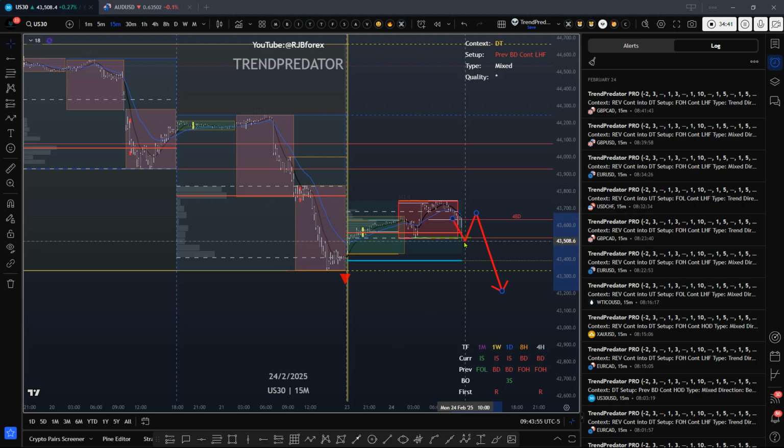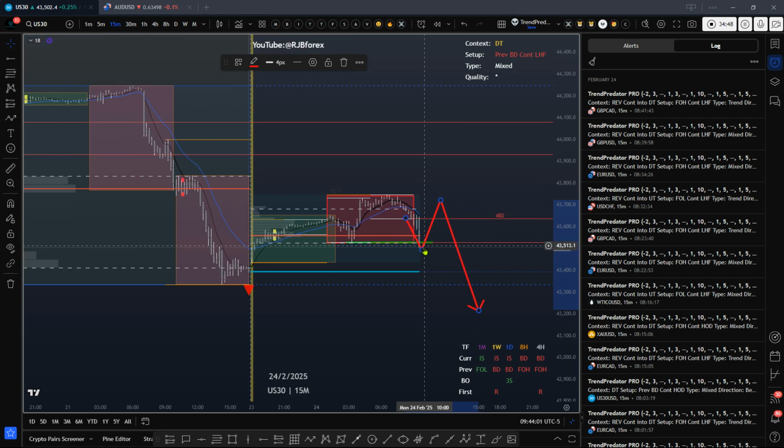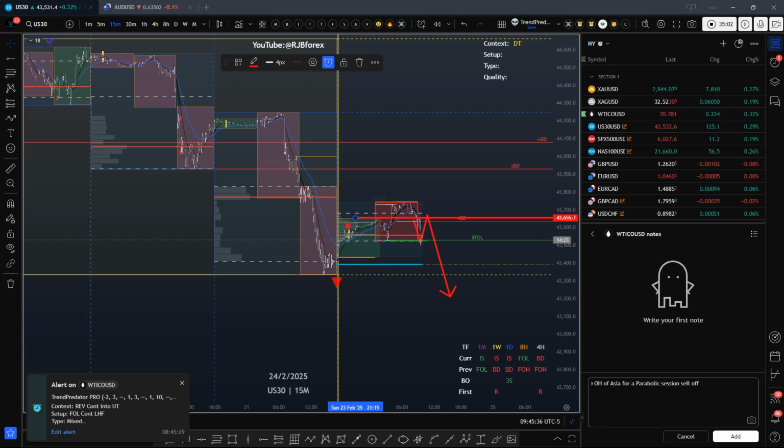Or maybe just take the breakout of the London low, which is what we're starting to see build up here. But again, I'm not going to do anything until 10 a.m. Okay, so adding my note, fake out high of Asia for a parabolic session sell off.